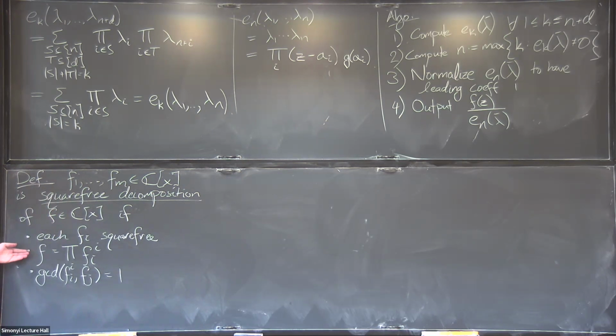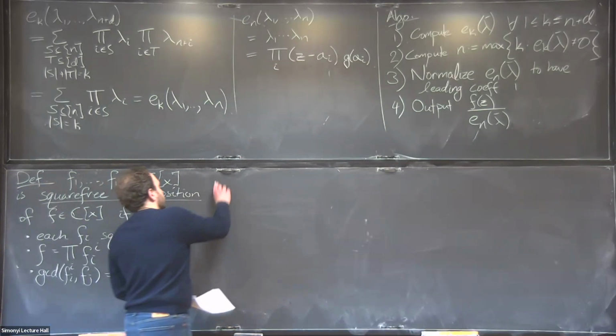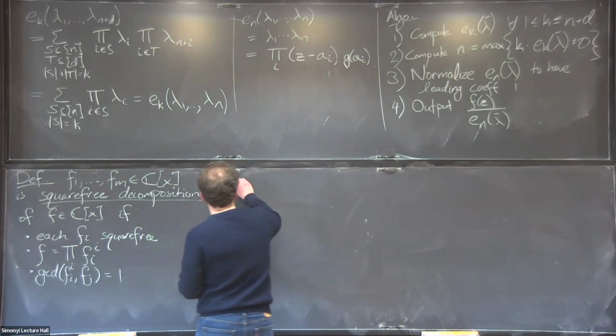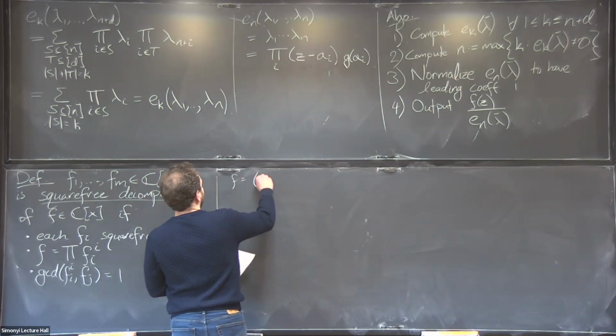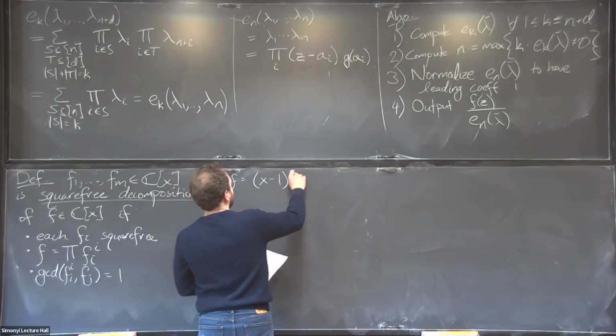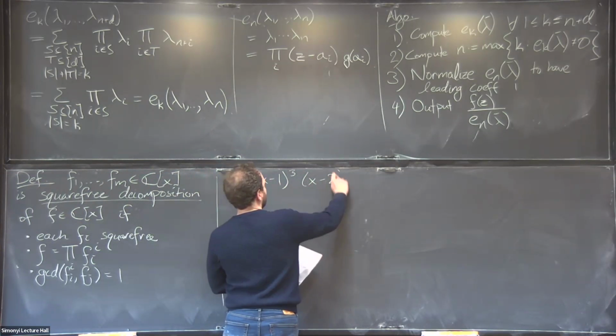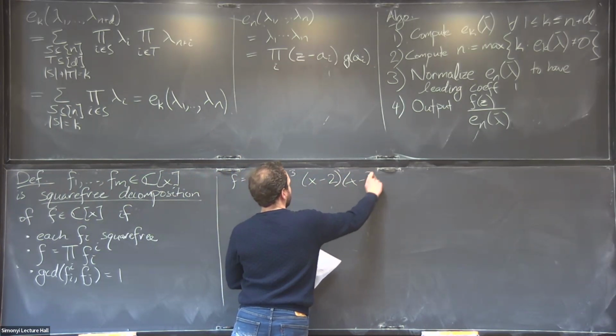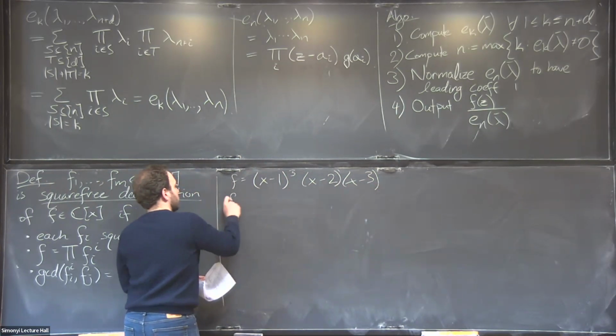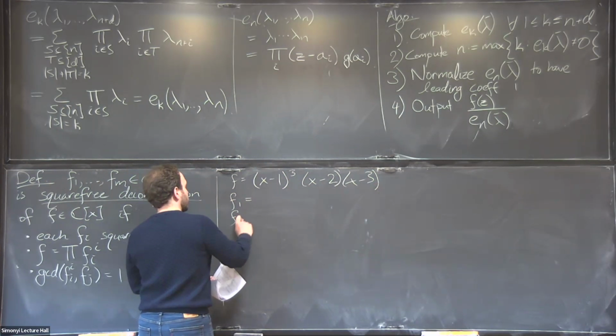So what is this trying to capture? f_i is capturing the factors of f that appear with multiplicity i. Maybe just as an example, if I have a polynomial like x to the 3, (x minus 2), (x minus 3), then what would the square-free decomposition of this polynomial be?